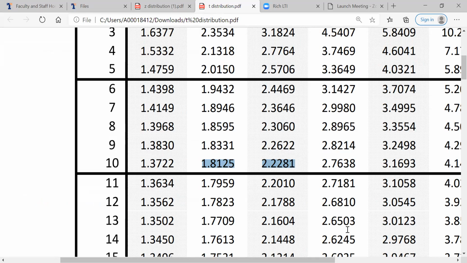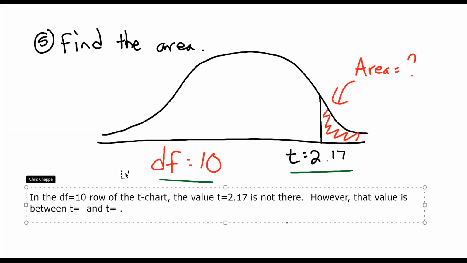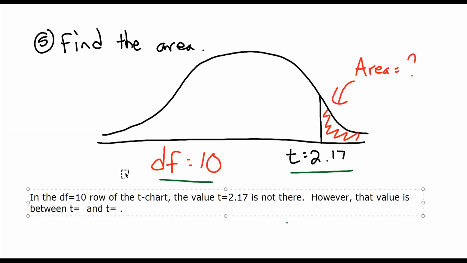So the t-value of 2.17 is not in the 10th row, but it is between t equals 1.8125 and t equals 2.2281. So we managed to trap it.